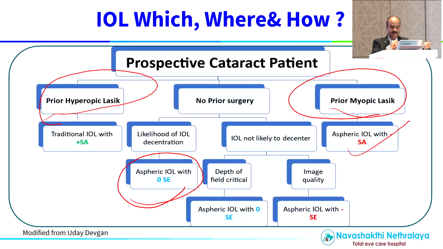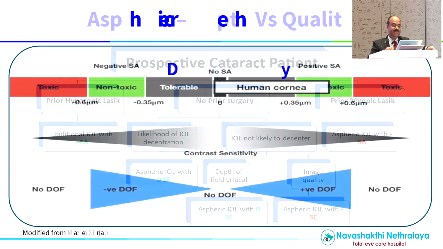There are lenses available, we'll come to that again. If IOL decentration is not likely to occur, then you look at the other options available, where depth of field, that is multifocality, or image quality matter. For this, I have a couple of other slides.